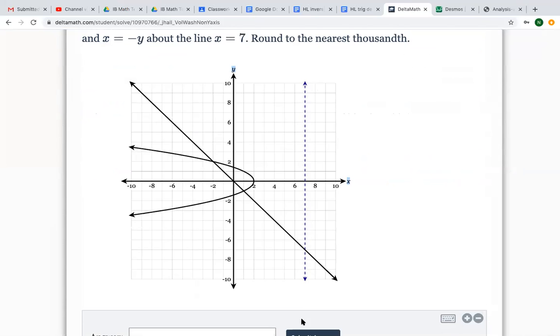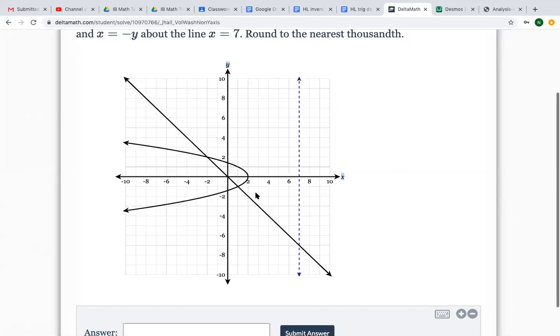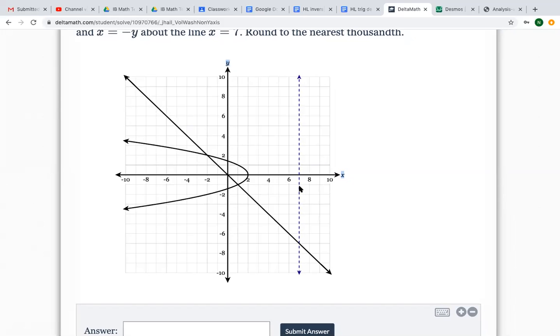Do you guys see that? So how do we find that distance? You count the little boxes, but you subtract. So this would be negative y minus 7. So both of these minus 7 will give you the distance.